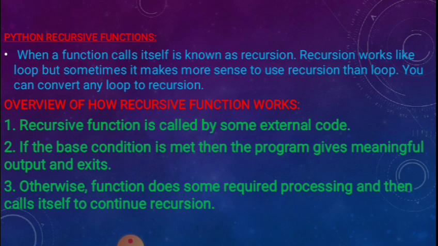Generally, we want to discuss the recursive function. We already know that we can convert any loop to recursion. That means it does repeated work with different values, the same thing that the iteration and looping structures already do. Here there is no condition at all.